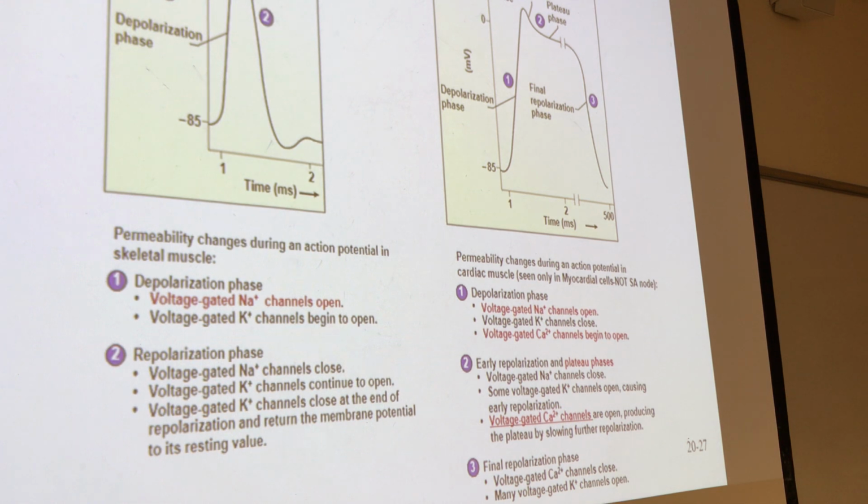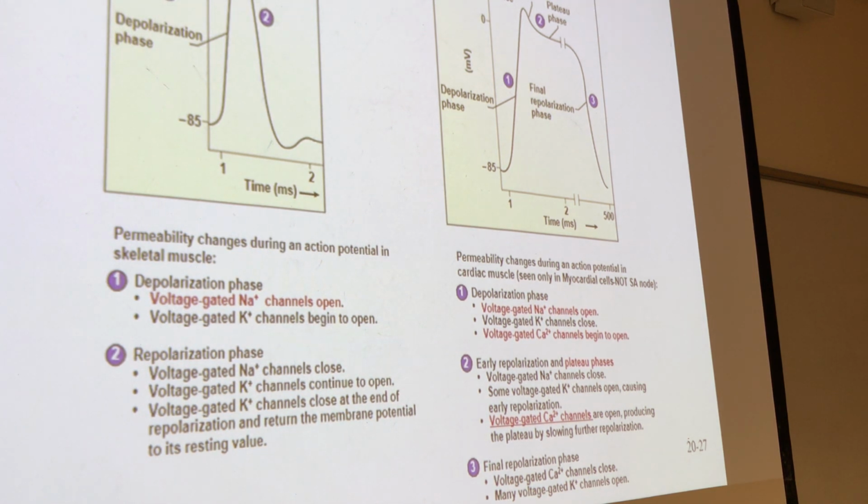Now, in cardiac muscle, the same voltage-gated sodium channels open up, allowing us to depolarize. See? Voltage-gated sodium channels, voltage-gated sodium channels. Same thing, right? So depolarization is the same, caused by sodium influx through voltage-gated sodium channels.